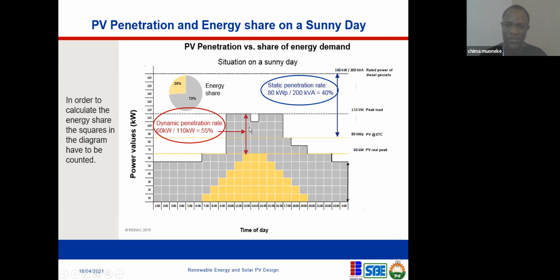If you want to calculate the energy share, the yellow part is the solar PV. You count all the boxes that are in yellow, then you count all the boxes that are in gray, then you divide the number of boxes in yellow by the total boxes, both the yellow and the gray.